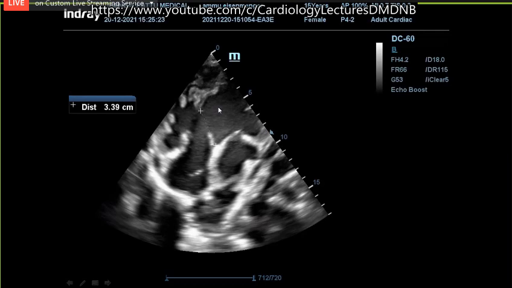Suppose any patient with VSD, normally we calculate the PA pressure to know whether there is PH or not. That we take from the RVSP, sir. But when there is a VSD, the RV may be reflecting the pressure of the LV. So the TR gradient won't be correct, sir.